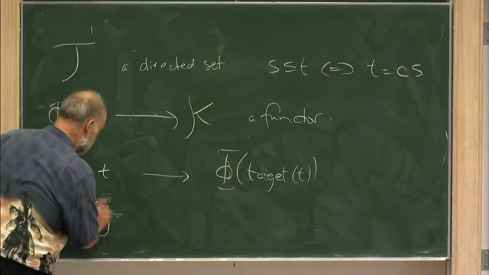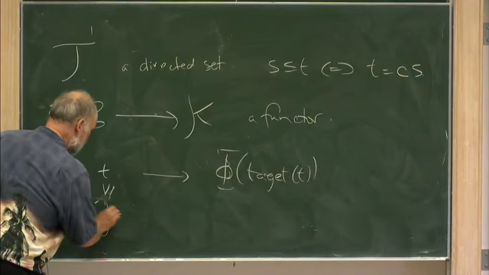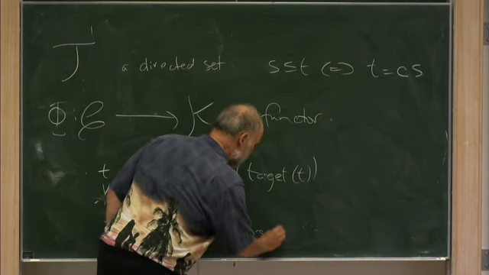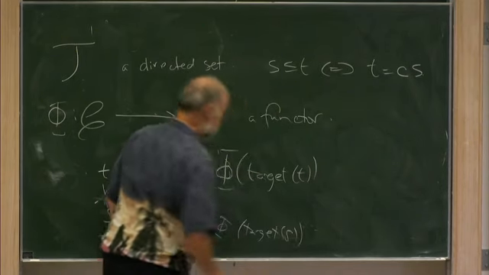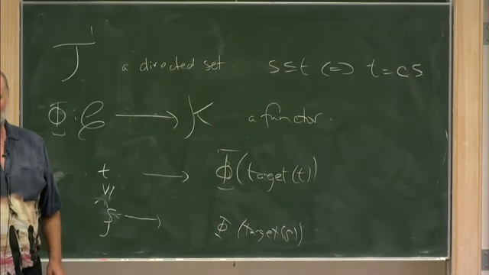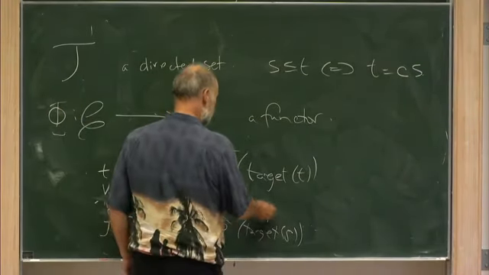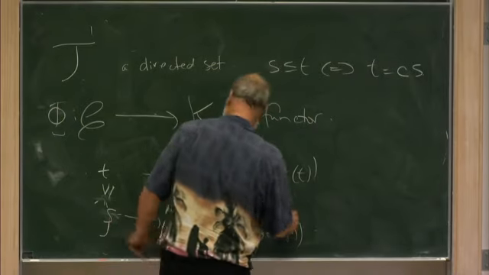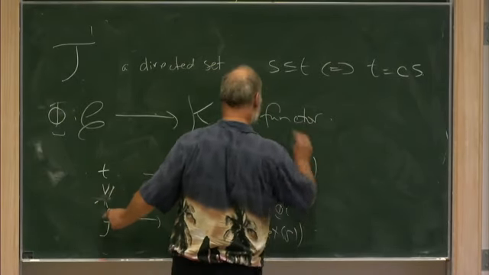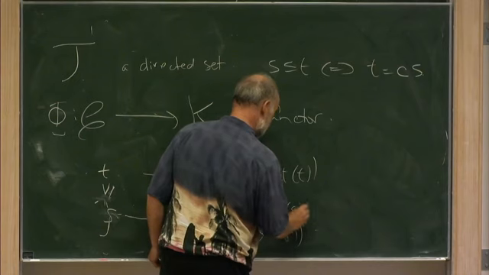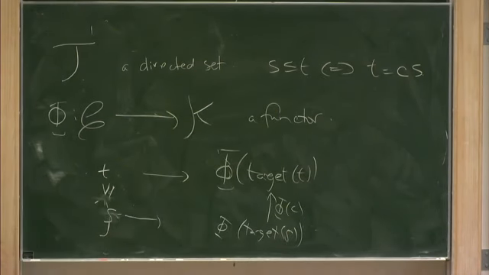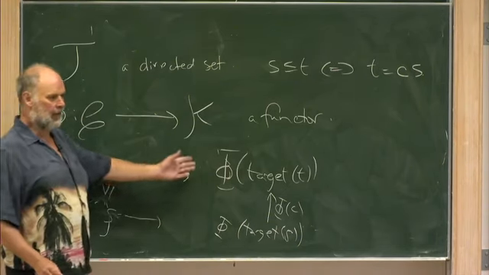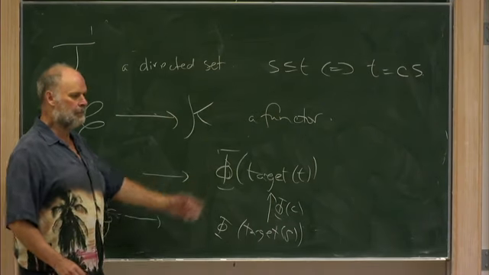Suppose we had S less than or equal to T. Then this would be going to phi of the target of S. And I guess in the very first lecture on category theory, you would know that the functor means that there's phi of, what do we call S? C. Going from the target of S to the target of T. So you can check it's well defined. That follows from cancellation, and so on.